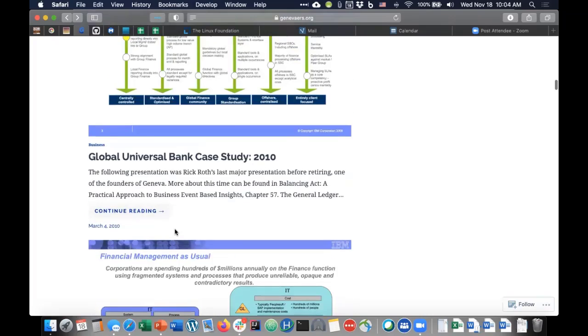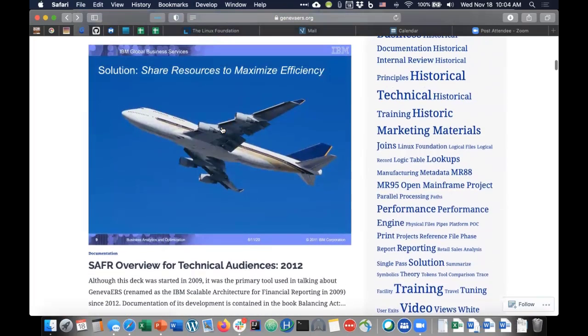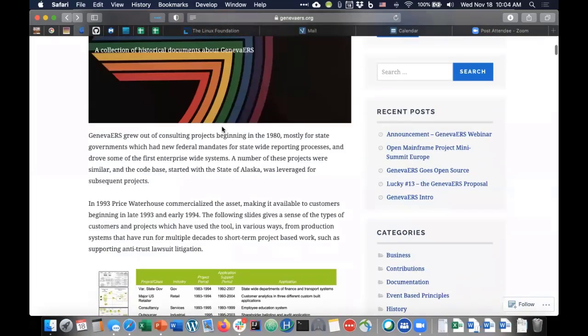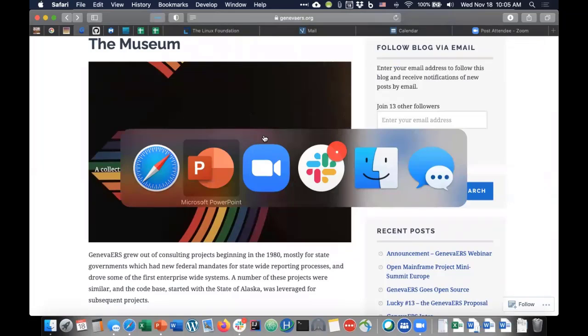The SAFR name we have retained for particular uses when you want to get a zIIP-enabled version of SAFR from IBM. That's available to you under the SAFR name, but the open source project is GenevaERS. So in some of these presentations, you'll see both the SAFR name and GenevaERS. They're referring to the same thing, same functionality of the tooling.